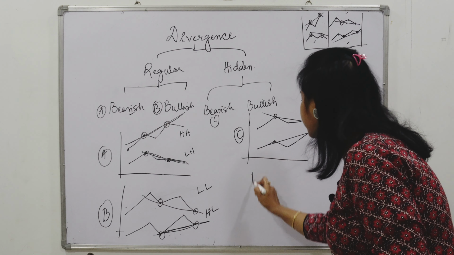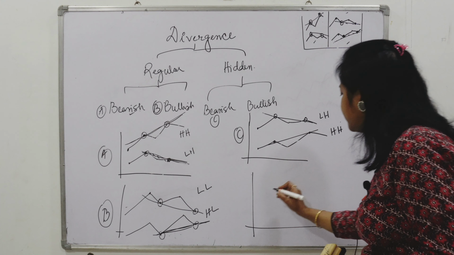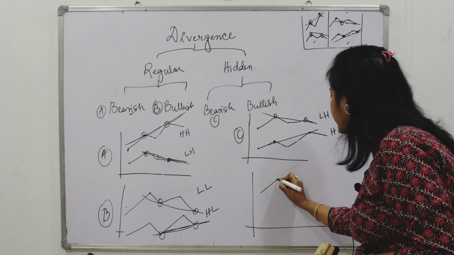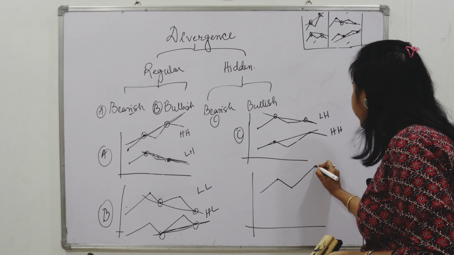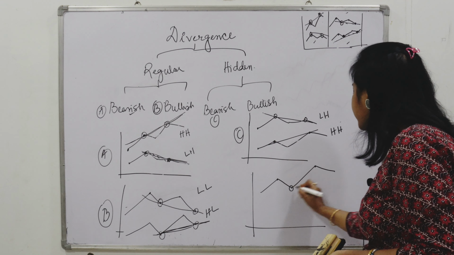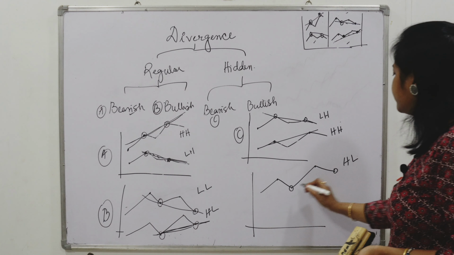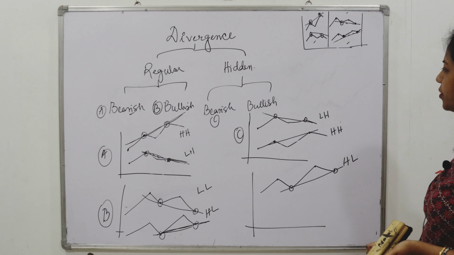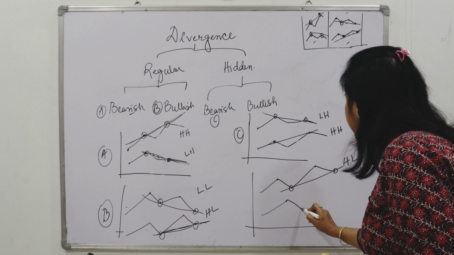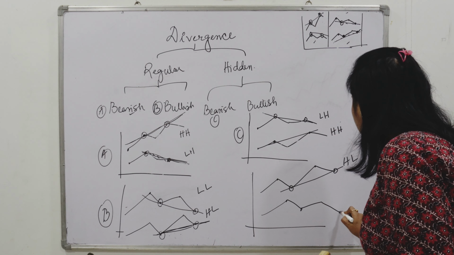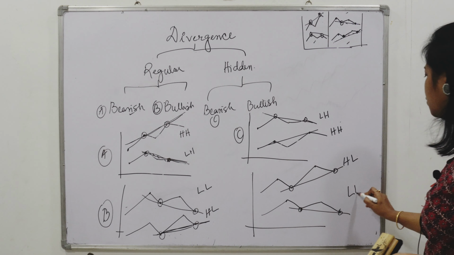Let's see what the hidden bullish divergence is. Hidden bullish divergence happens when the price takes a higher low, but the indicator takes a lower low. As you can see, the indicator has taken a lower low.